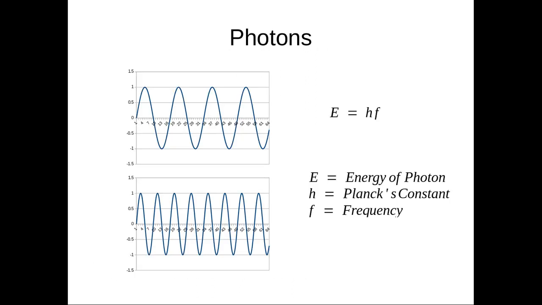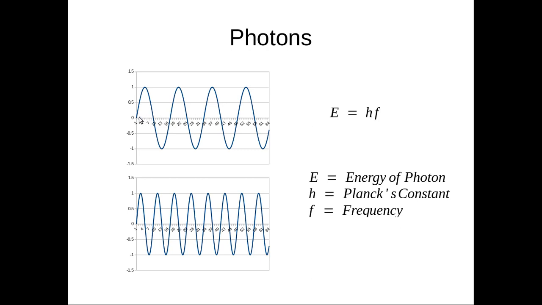So let's go into the current theory of photons. At the top we have a low frequency photon, on the bottom a higher frequency photon. Now photons are little bursts of light. Nobody really knows how big they are or how long they are, but what we say is their energy is proportional to their frequency, E = hf, where h is Planck's constant, f is the frequency, and E is the energy.